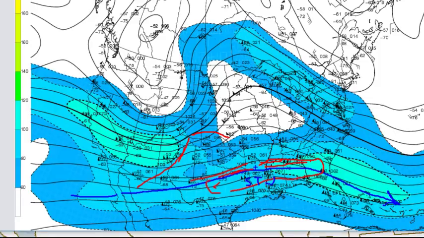Or can I type text? Let me see if I can try it. Yeah. Oh, that's cool. I don't think we've ever done that before. Okay, subtropical jet. And then up north, we do have the support for a polar front jet. I'll give a different color for that.